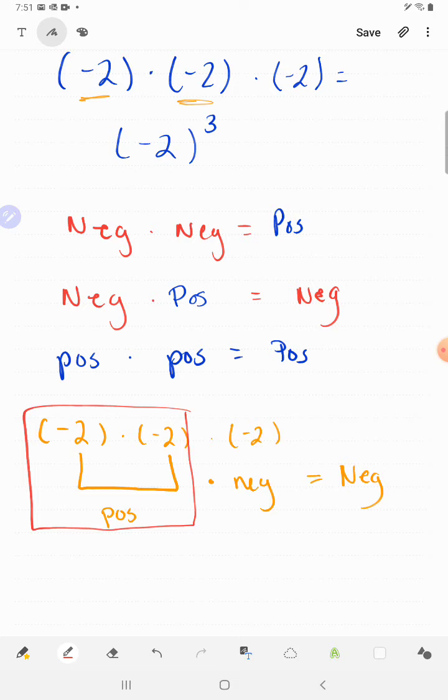But there were 3 numbers here, so I still have to multiply, and when I multiply, I'm multiplying with a negative, so my answer will be negative. I'm not asking for the value of it. I just want to know, will this be positive or will this be negative? That's all I wanted to know. And so this answer will be negative.